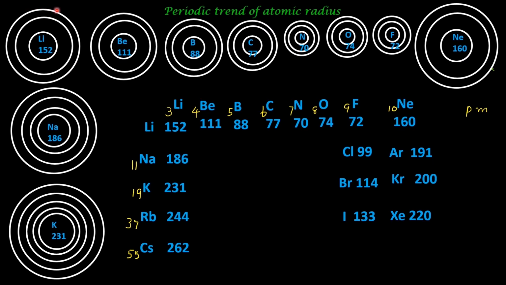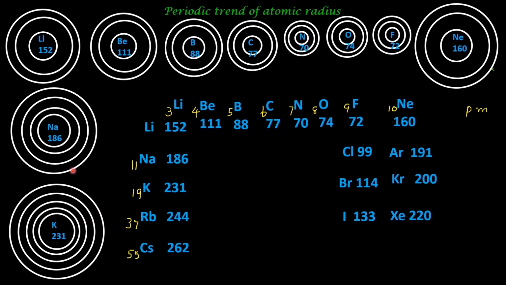For the second period elements, there are 2 shells, whereas for the third period, that is for sodium, there are 3 shells, and for potassium, which is in the fourth period, there are 4 shells. So down the group, the number of shells goes on increasing.